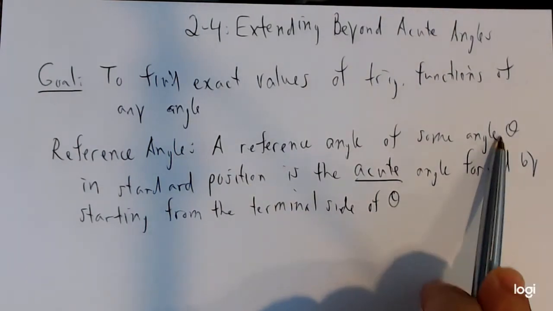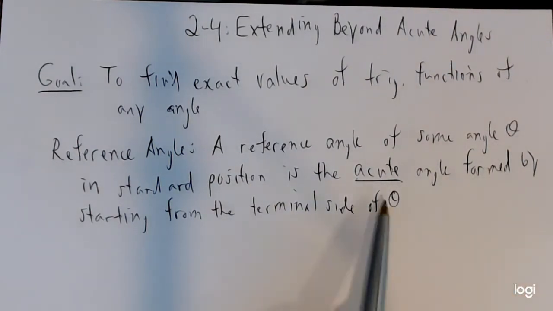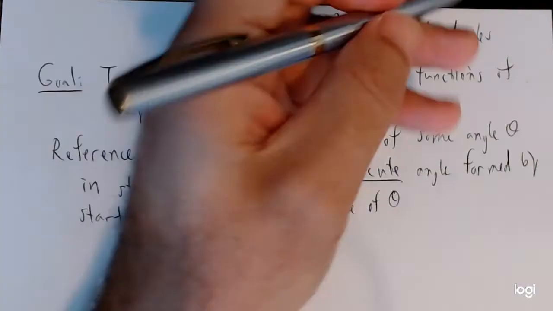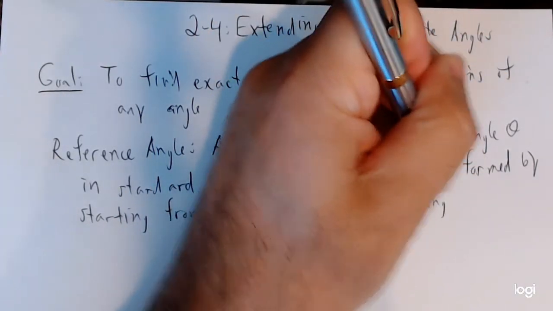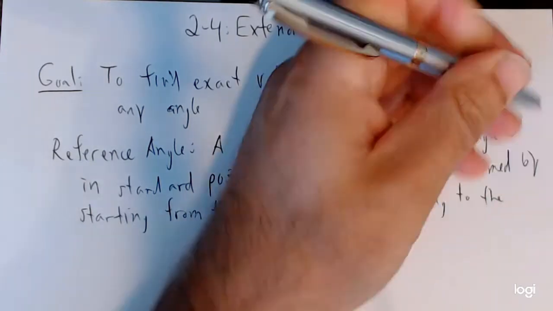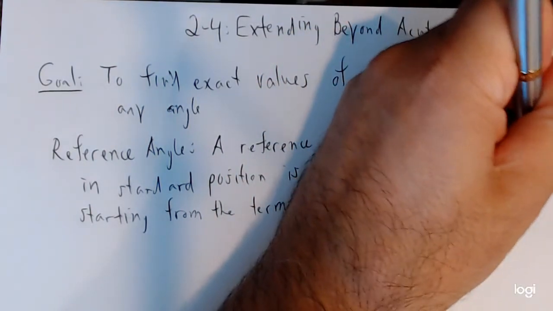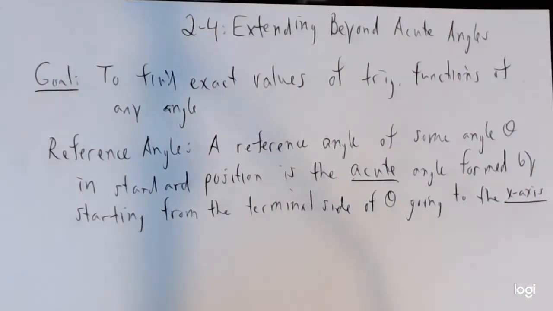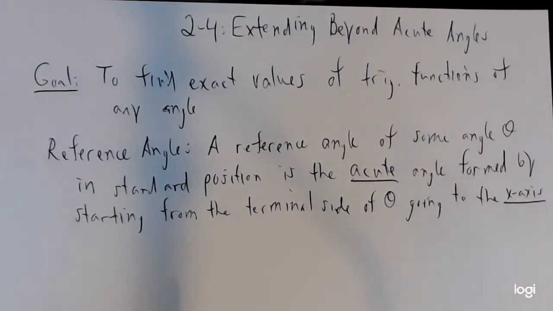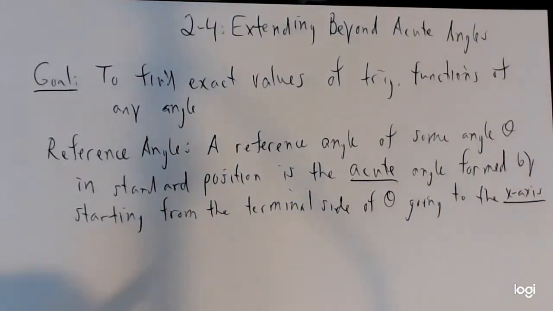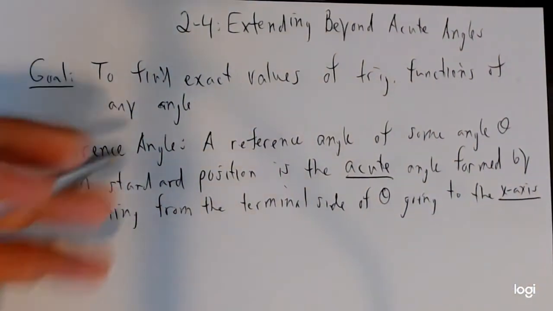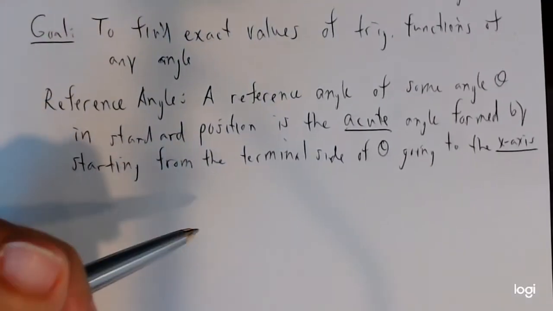Wherever theta puts us when we draw it in standard position, we'll start from the terminal side of theta, going to the x-axis. Okay, so once again, just keep in mind that whenever we're drawing reference angles, we always go to the x-axis. Okay, always.